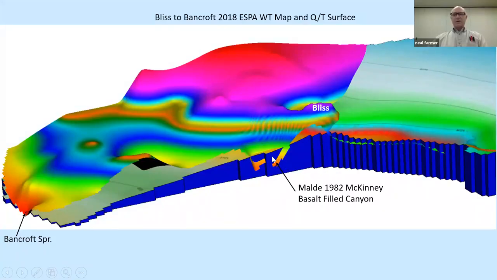Or are we getting a combination of ESPA water and Snake River water, which is making its way on down? Or is there another canyon and we don't have control points right at this saddle? Is there another buried canyon of basalt, and therefore the ESPA is traveling through basalt all the way on down to Bancroft? It's a good question, and nobody really knows for sure.